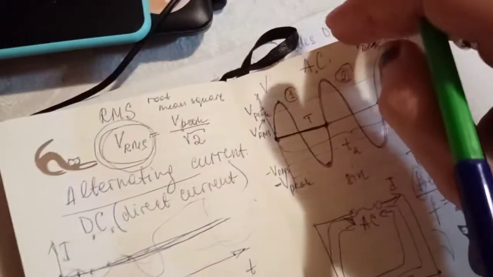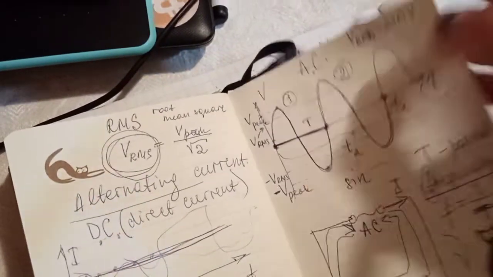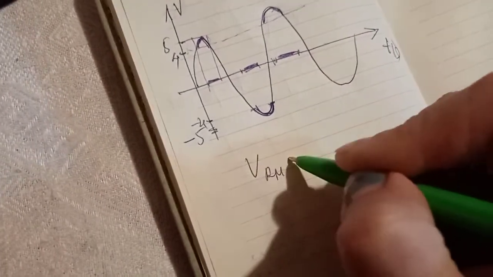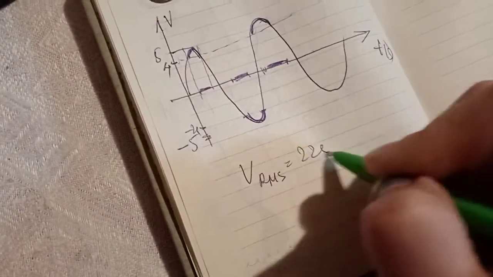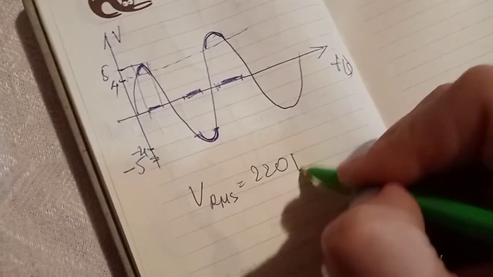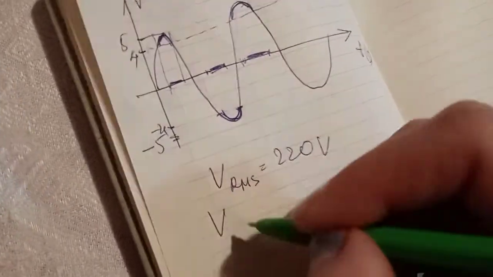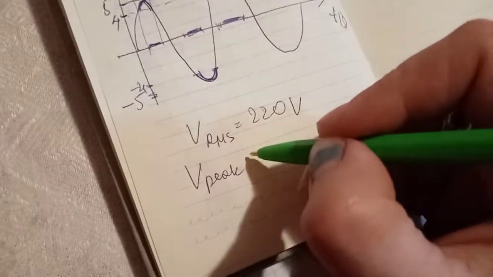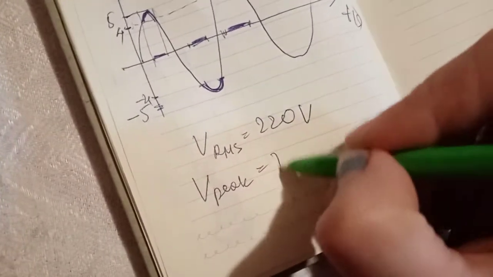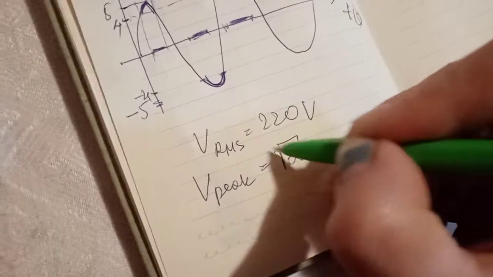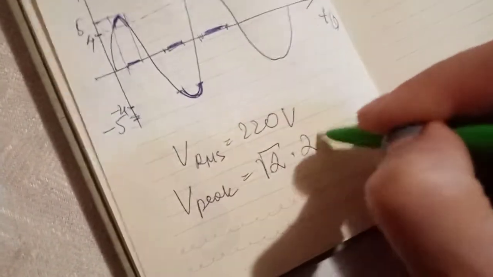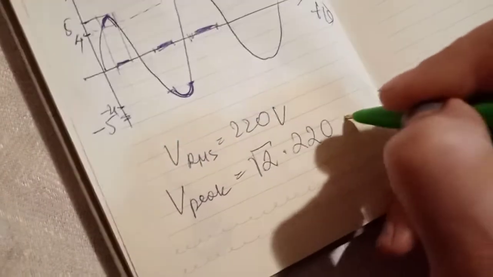And we can count together. If the voltage RMS is 220 volts, and we want to count, for example, the peak amount, it will be the square root of 2 multiplied by 220.